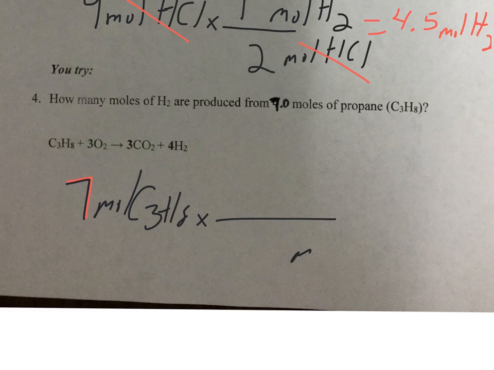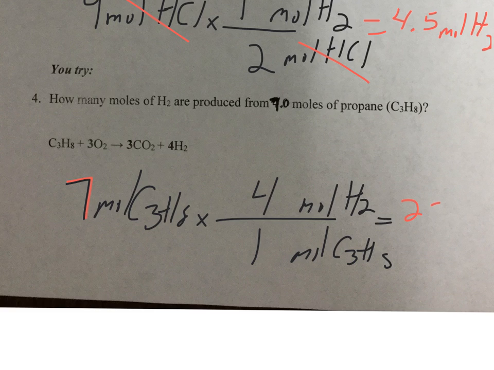Because you have propane there, you're going to have propane on the bottom, right? Remember, your objective is to find the new moles of the new molecule that you want to go to. So 7 times 4 gives you the 28 moles of what is unknown, and that is your hydrogen gas.